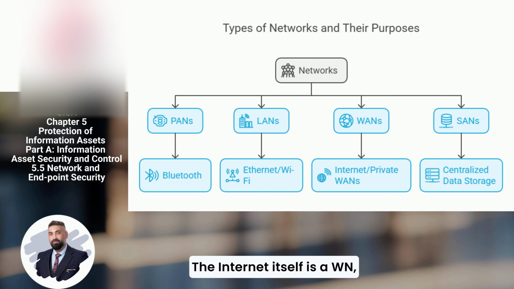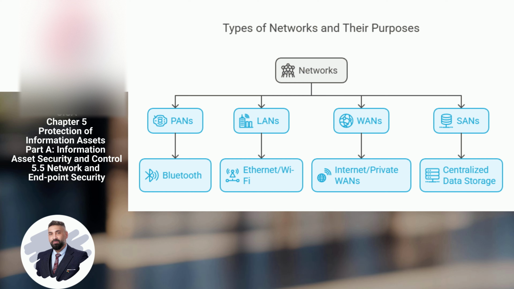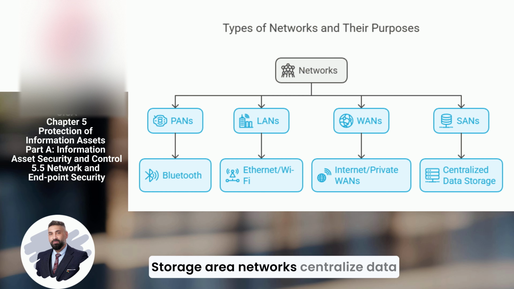The internet itself is a WAN, albeit a massive and public one, while many businesses maintain private WANs for secure inter-office communication. Storage area networks, SANs, centralize data storage, ensuring servers can access critical files quickly and efficiently. Each of these designs meets specific business needs, but together they form the backbone of today's digital environments.